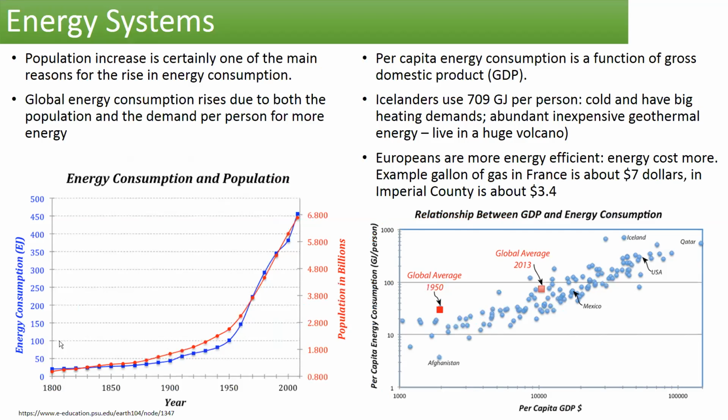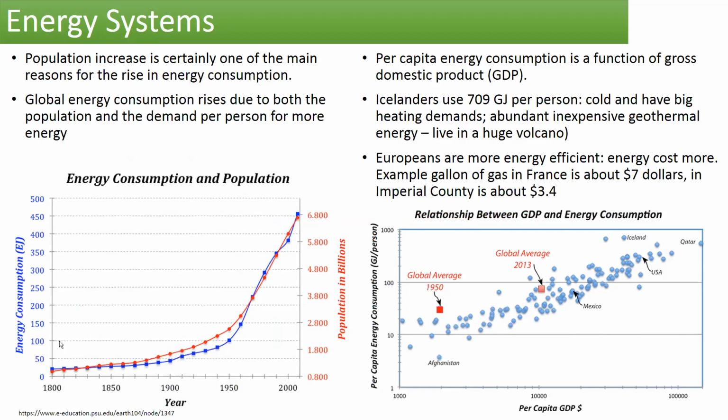When you talk about the Icelanders, they use a lot of energy per gross domestic product because they live in the northern areas of the earth and use a lot of heat to warm their households, but also because they have abundant geothermal energy, okay? So basically they have the power, so that energy is cheap.